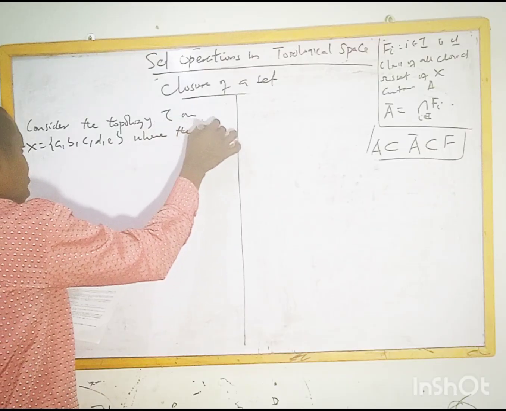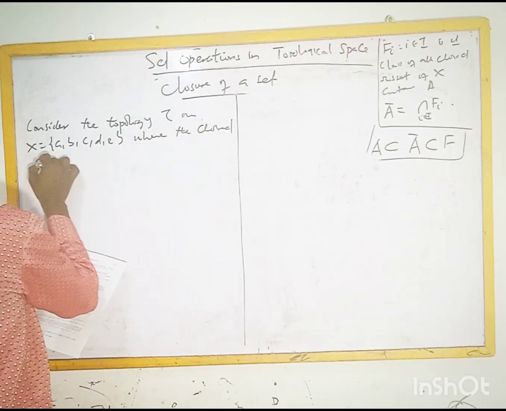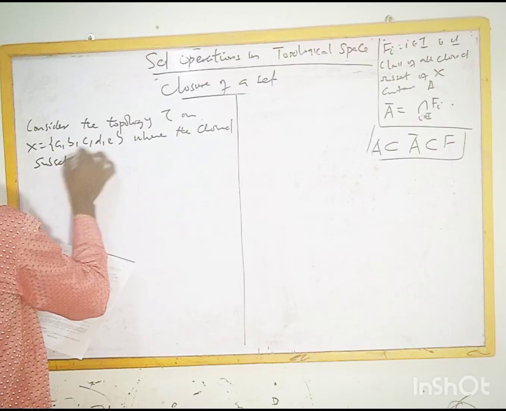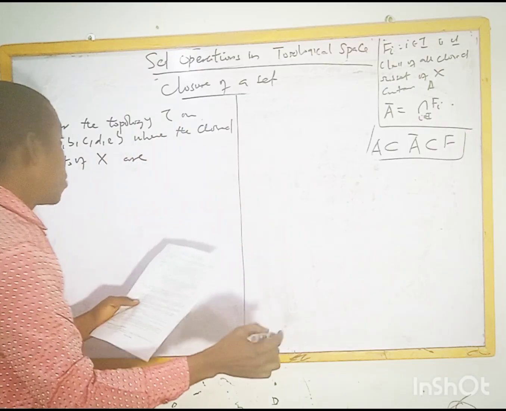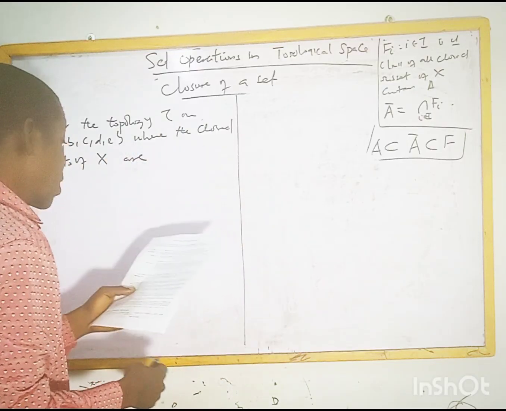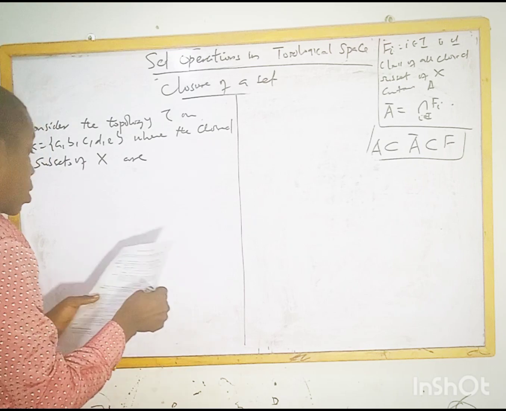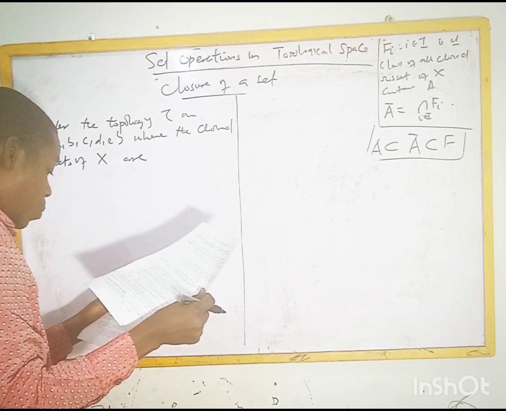What are the closed subsets of X now? I told you that we are given a topology, the topology that we have been using earlier.